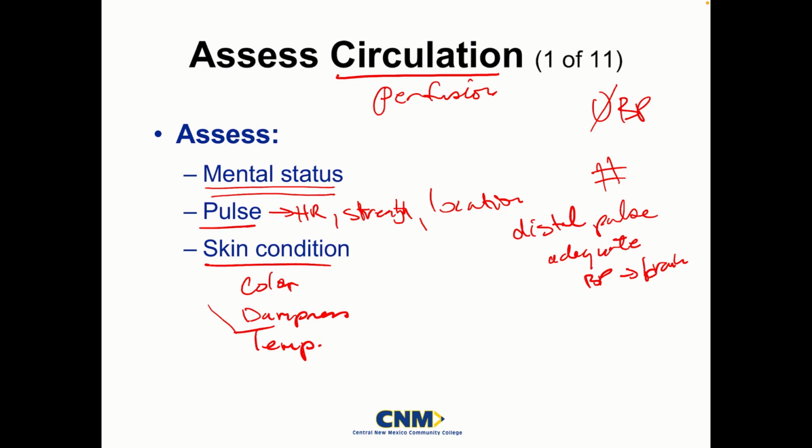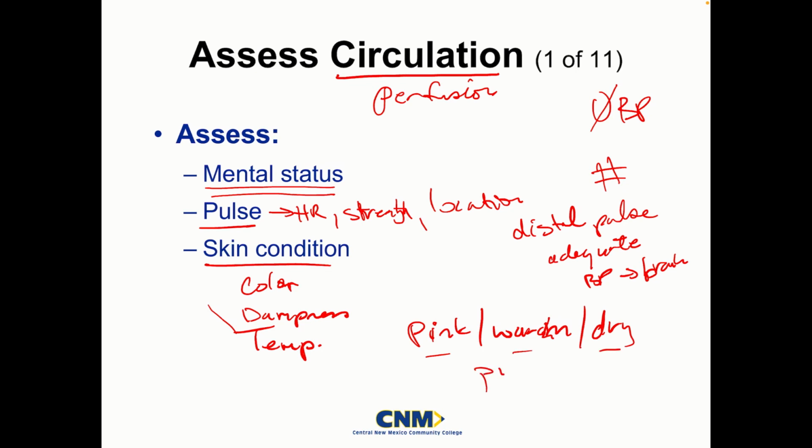Warm, hot, cool. Normal skin condition, meaning I have good perfusion, is to say that we have pink, warm, and dry skin. Again, regardless of what skin color they have, like ethnicity-wise, normal would be pink, warm, and dry.